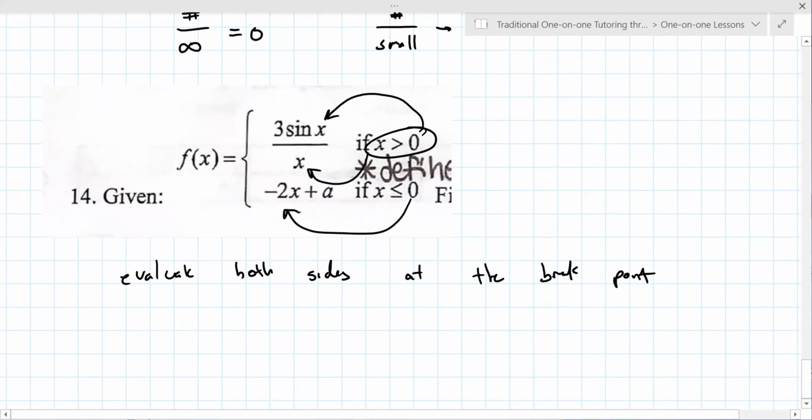So the problem is, maybe what's not clear, is that this thing doesn't work at 0, but we know what the limit approaches. The sine x over x goes to 1.